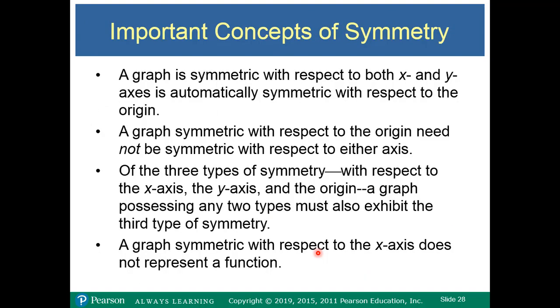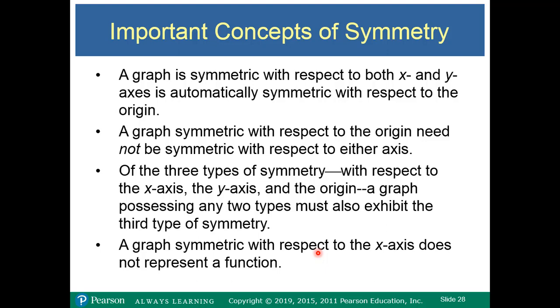Now, again, keep in mind, what does it mean to be symmetric with respect to the origin? It means that if you look at the graph and you can rotate it 180 degrees on its point of rotation, and you get the exact same graph back, it is symmetric with respect to the origin.